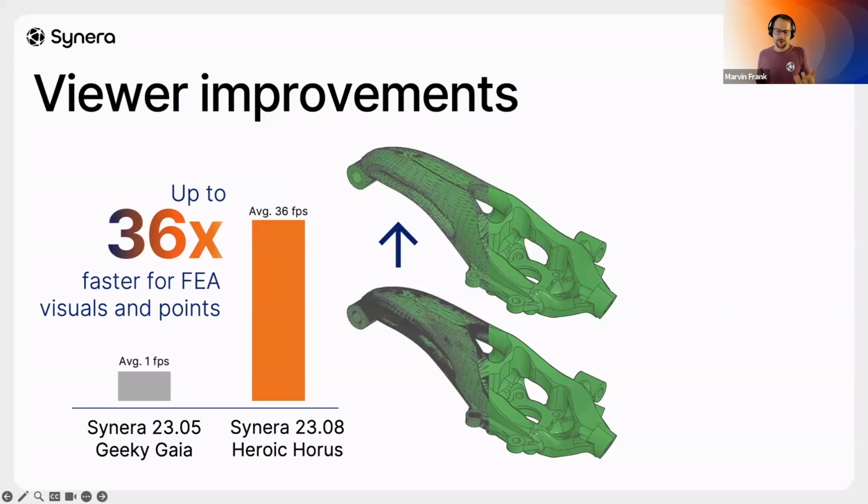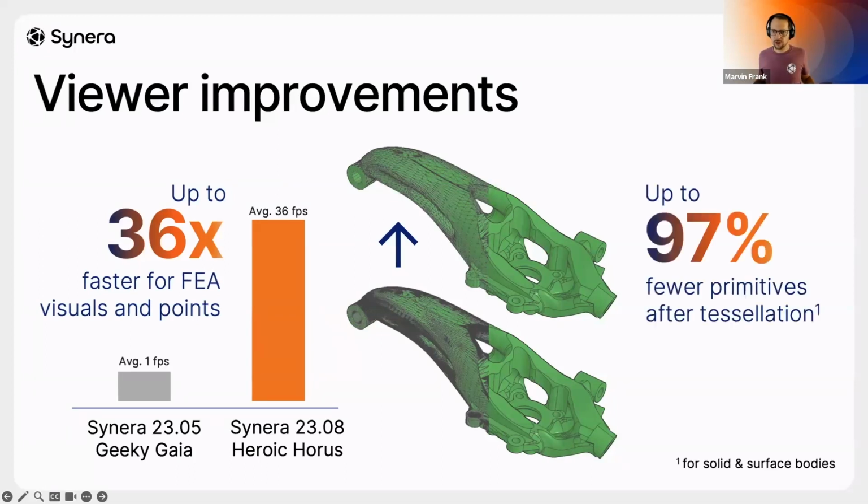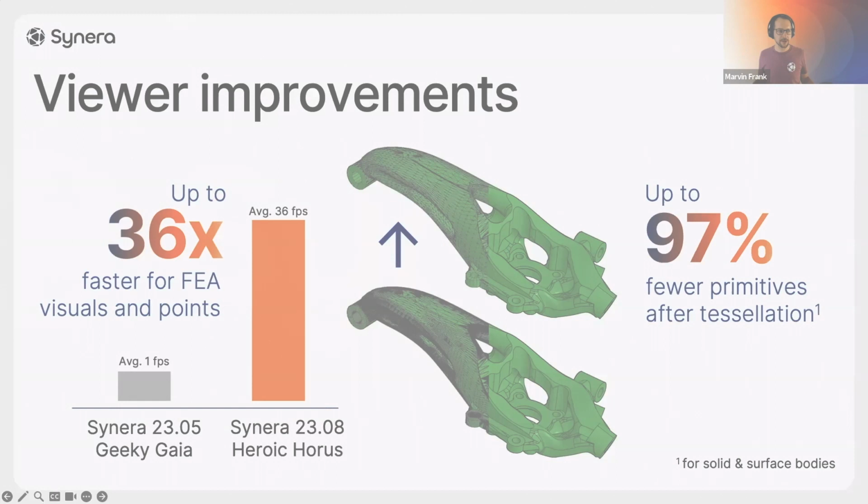So that is generally better for computational time. And we managed to have up to 97% fewer primitives after this tessellation for these solid or surface bodies. So hopefully when you have something really heavy to display, to run, this gives you a little booster.